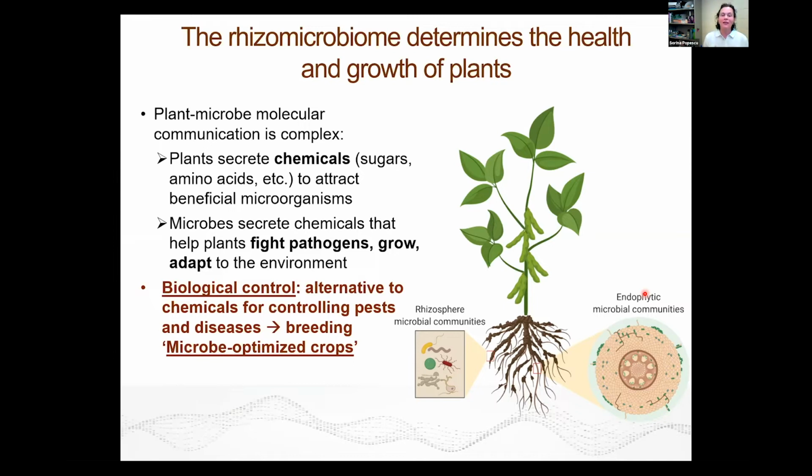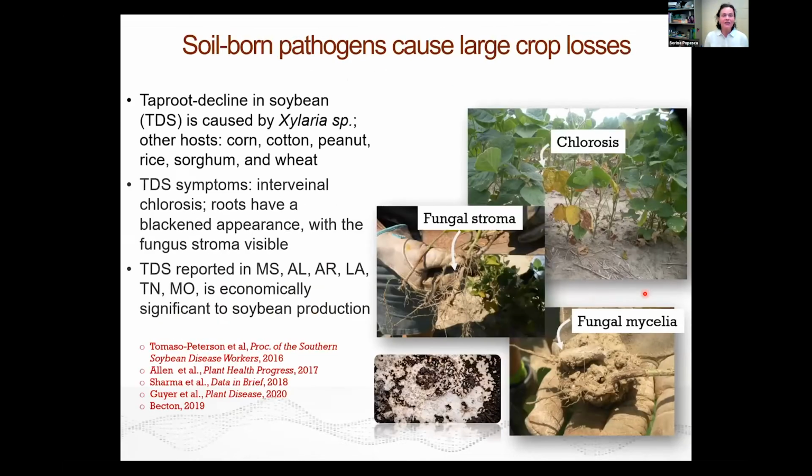So these are crop plants that are able to establish interactions with specific beneficial microbes. So why is it important to understand rhizome microbiomes? Well, because they can help us fight a lot of these very destructive pathogens that are attacking soybean crops.